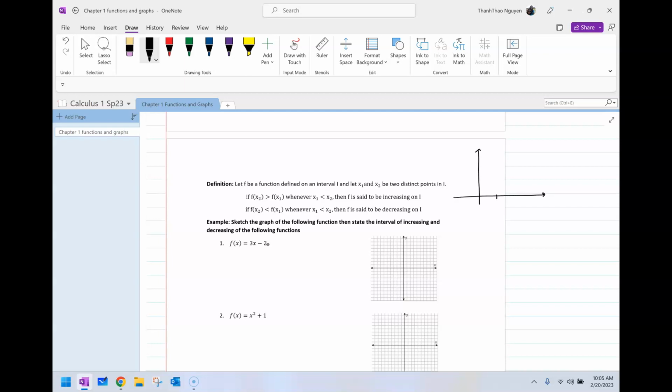Here we have x1, and we want x1 to be less than x2. And f of x2 is greater than f of x1, so f of x1, f of x2. So the two points that we're looking at here would create this sketch.